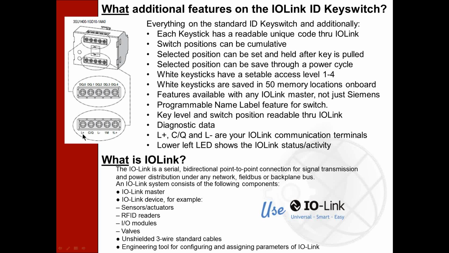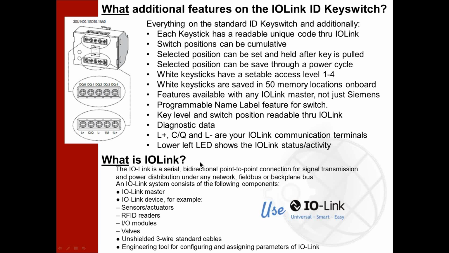So in the IO Link version, you'll see you have the L+, the C/Q, and the L-, which are standard terminals for IO Link. And then also in the lower left of the electronic module up here, it's not labeled in this little graphic, but there's an LED link. It's a status and activity link LED at the bottom. The other LED on here is just that it's got power.